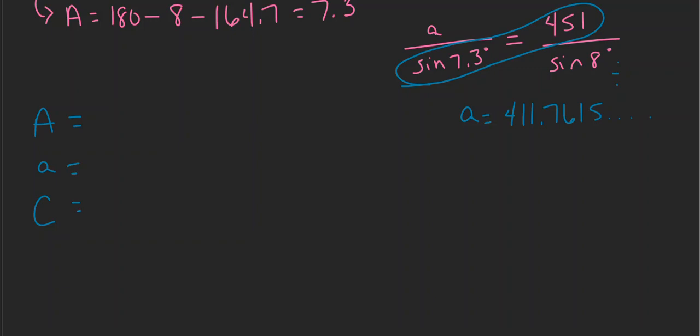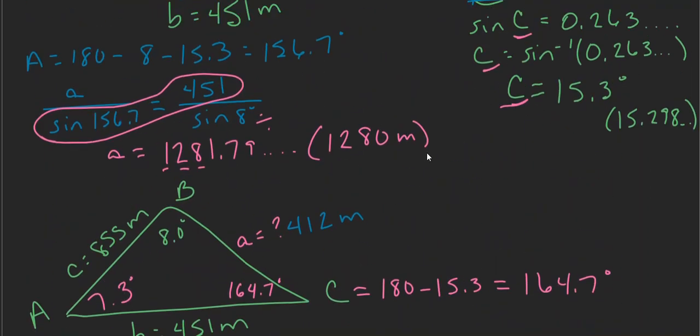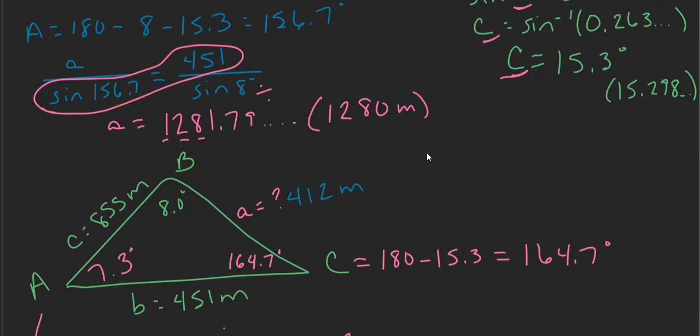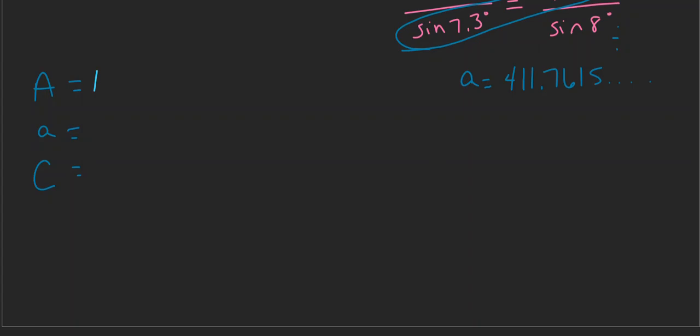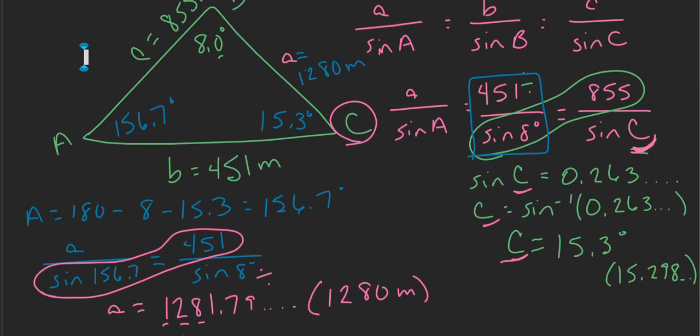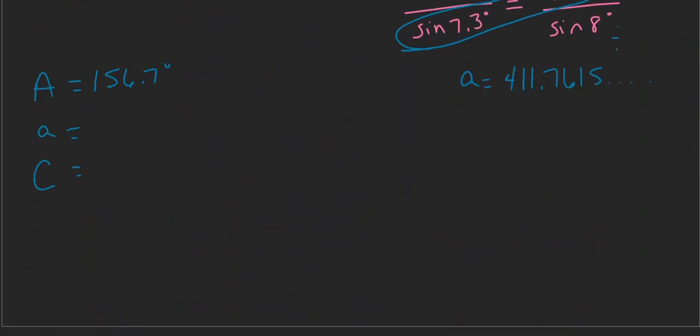In the first solution, we got angle A was 156.7, angle C was 15.3, and side A was approximately 1280.